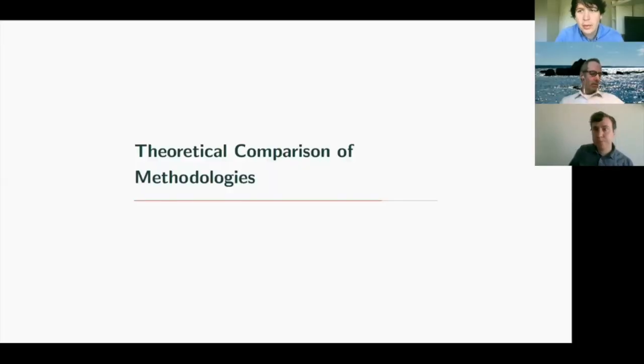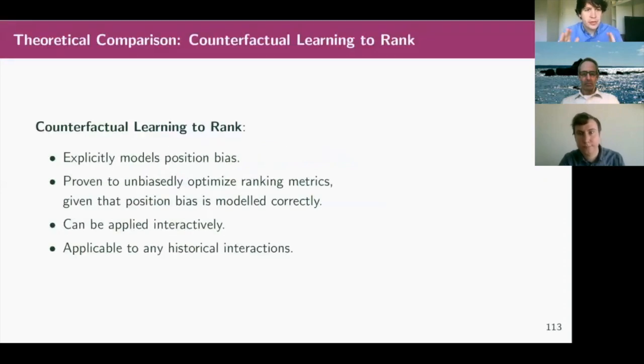Right, so now we've seen an empirical comparison of these two methodologies. I'm going to summarize the theoretical part of what we've seen so far. We started with counterfactual learning to rank in the second part, where we saw that these methods explicitly model position bias.